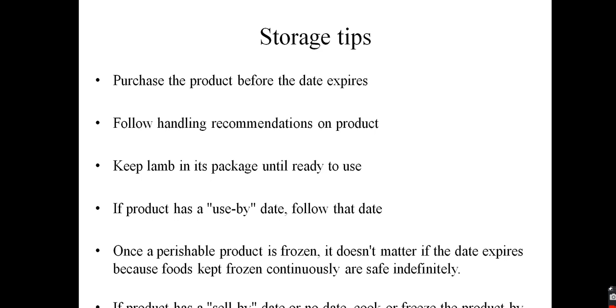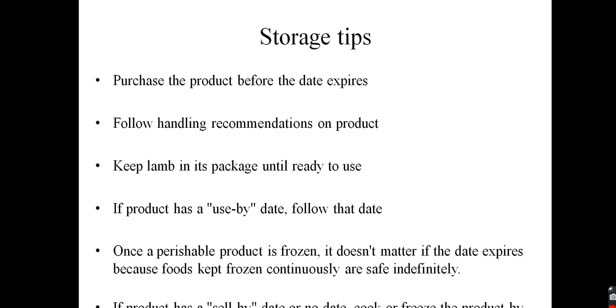Don't use it after that date because it may be toxic or poisonous. Many food poisoning bacteria may be there which have created poison that may lead to food poisoning.